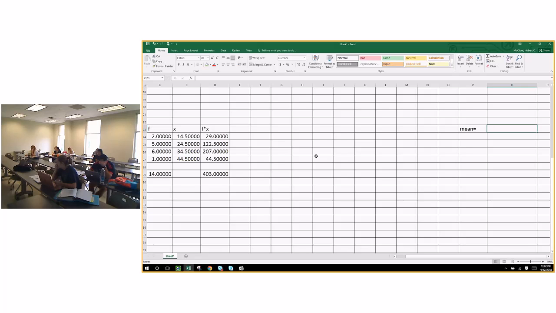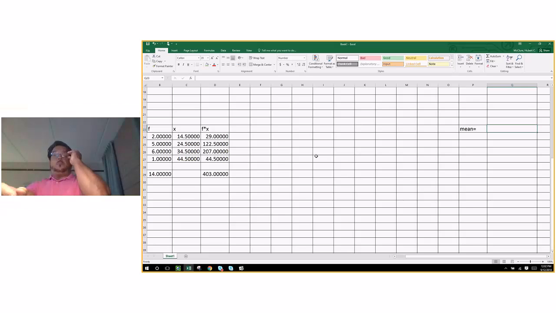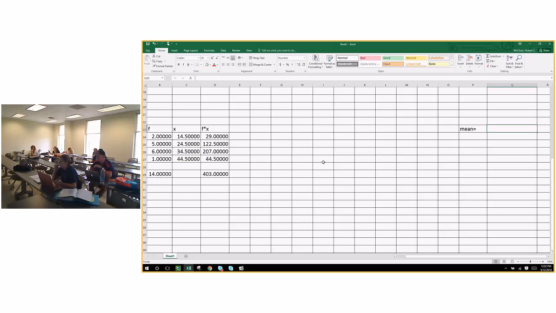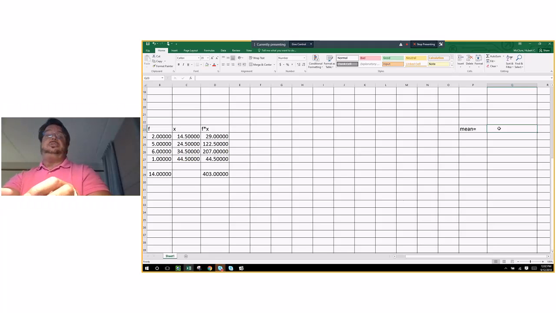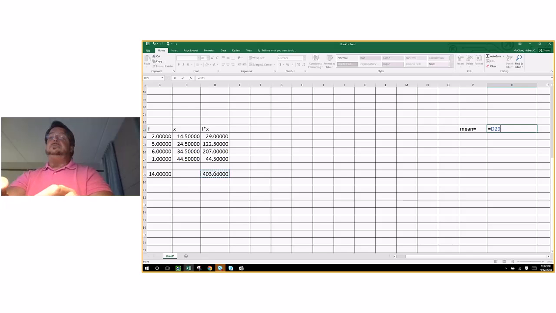The 403 divided by what? Sum of the f. 14. Yes, 14. Y'all see the 403 and the 14 down there? Okay, pay attention. Divided by 14. And there is the mean.